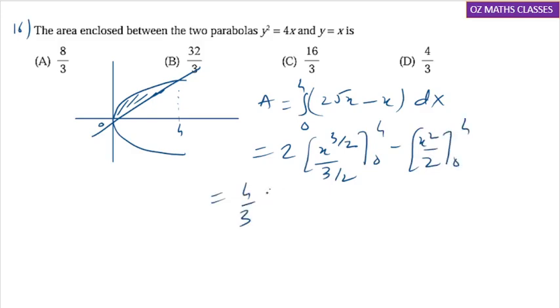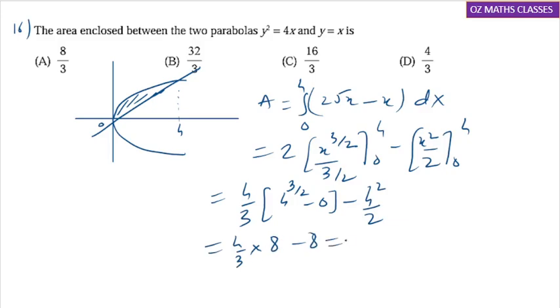So 4 by 3 into x power 3 by 2, minus 4 square by 2, so you will get 8, minus 16 by 2 means 8.